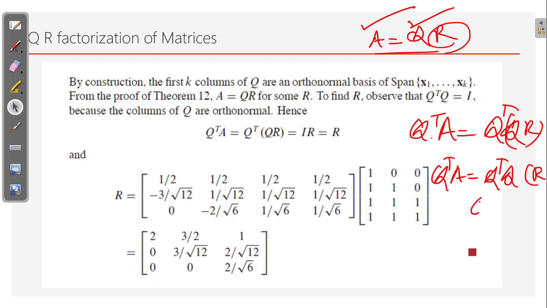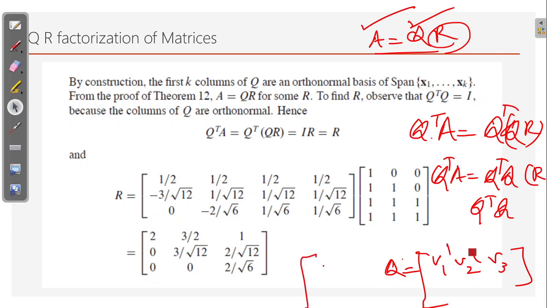That means Q transpose is Q. Q transpose Q is nothing but the inner product, right? Because Q is V1 dash, V2 dash, and V3 dash, and Q transpose is the column vector V1 dash, V2 dash, and V3 dash.